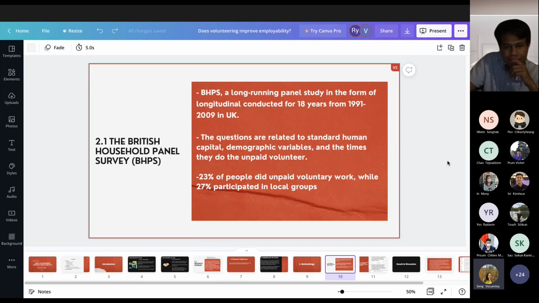The questions of the survey are mainly related to standard human capital and demographic variables such as education, occupation, age and gender, as well as earnings, hours, and the time spent on unpaid volunteering. As a result of the survey, we found that 23% of people did unpaid voluntary work, while 27% of people participated in local groups. We also found that women are more likely to do volunteer work than men. So let's move on to the next part, which will be presented by the next team member.